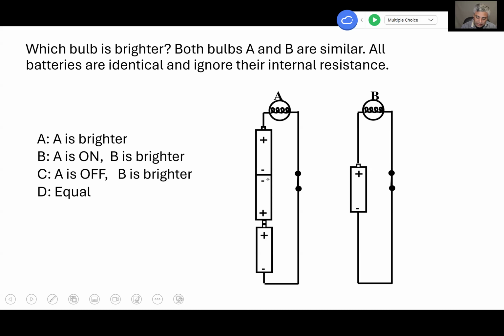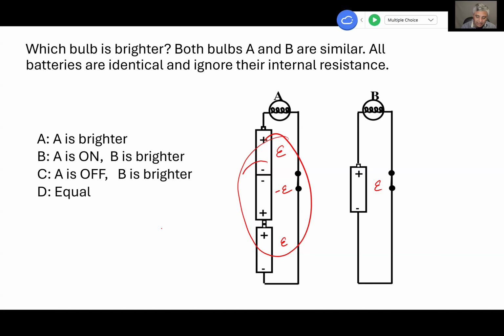So in this case, what do you see here? These batteries are reversed. So that means if each of them have EMF E, then this is going to have, let's say, negative, and this is going to have positive EMF. And here, let's say this is positive EMF. So if we add EMF, what's going to be total EMF?